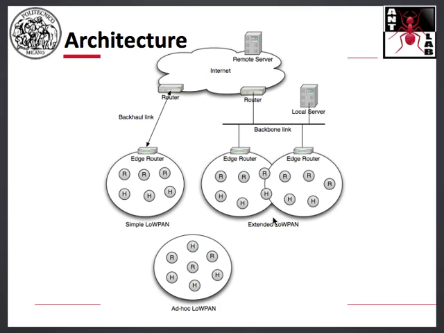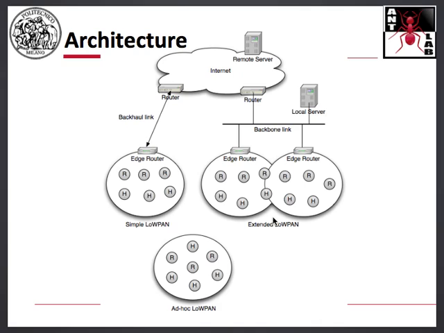So just to complete the analogy with 15.4, the nodes which are called hosts here are leaf nodes or end devices in the ZigBee jargon. What we call here routers are basically the ZigBee routing devices or ZigBee routers. And the edge router is something similar to the ZigBee coordinator or the PAN coordinator. That's the analogy.